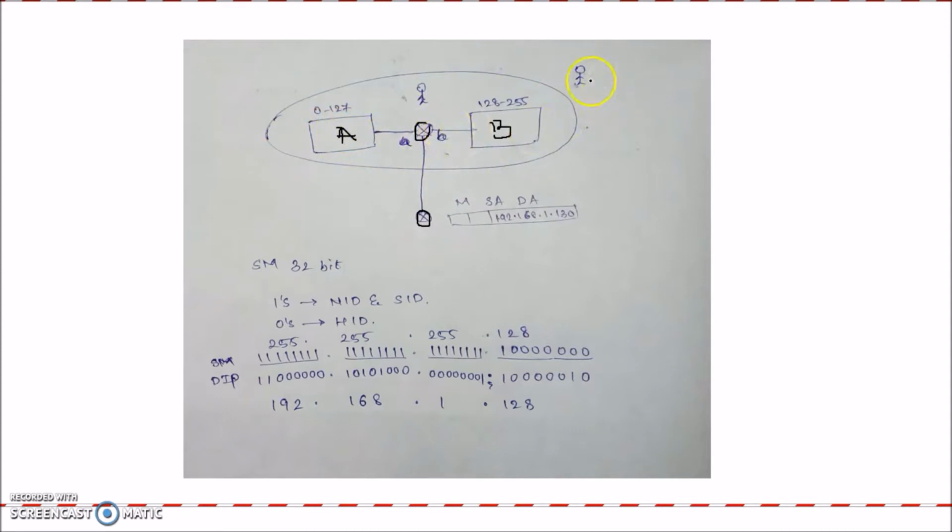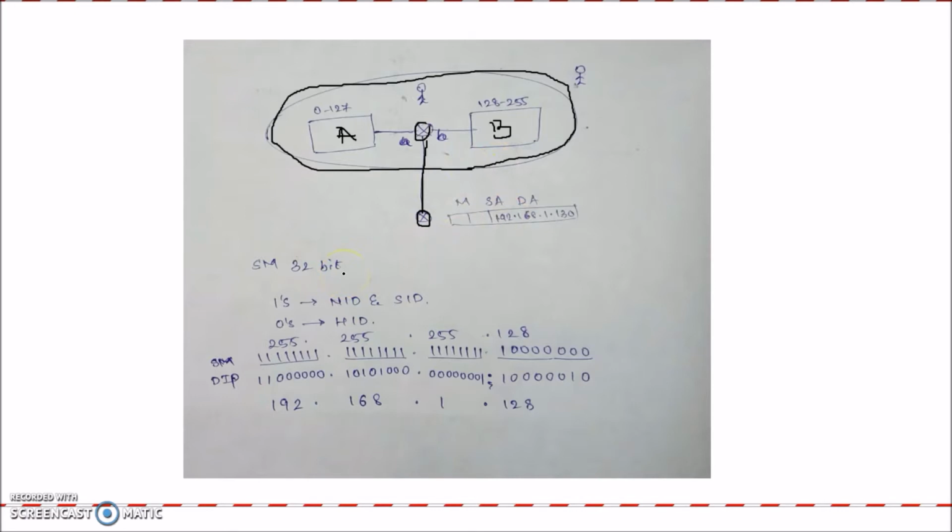This depends on where the packet is coming from. If the packet is coming from inside the network, then it will go to subnet A. Whereas if the packet is coming from the outside, from this interface, then it will prefer the IP address of the whole network. This is all about subnetting.